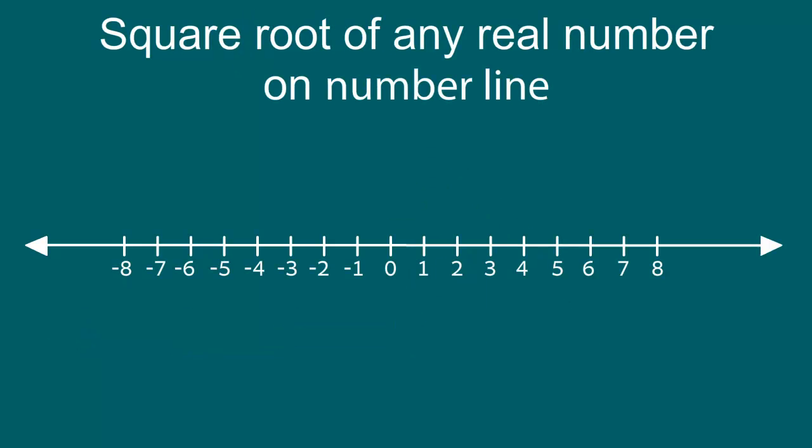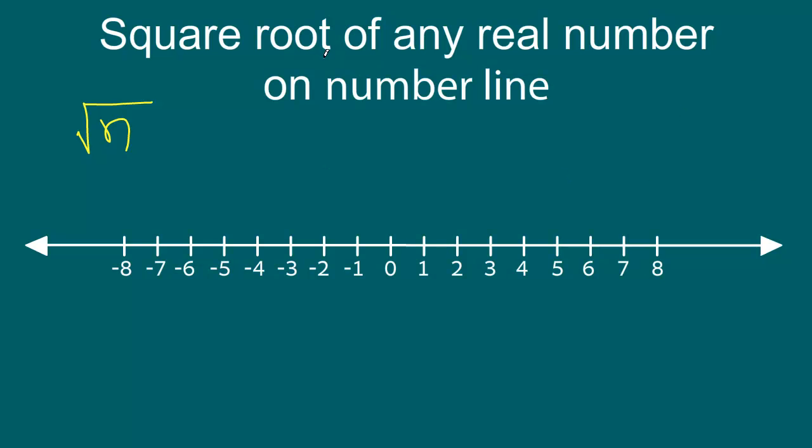So one simple way to think about how to get the square root of any number on the number line is as follows. Let's say we want to find out the square root of the number n, where n is any real number. We are trying to find square root n on the number line.